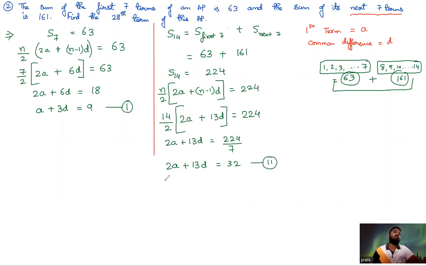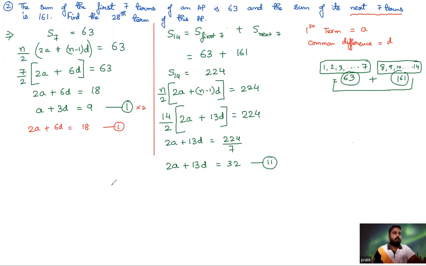So now you have two equations, two variables. Definitely you can go ahead and solve the question. When we try to solve this, we'll have to multiply this equation by 2, just by the elimination method. So this equation becomes 2a plus 6d is equal to 18. I could have taken the first one itself, but nevertheless, that's my equation.